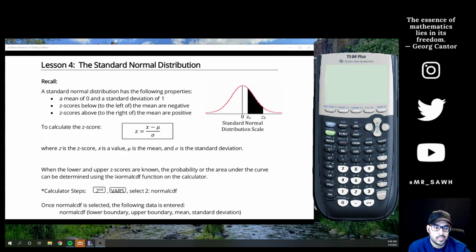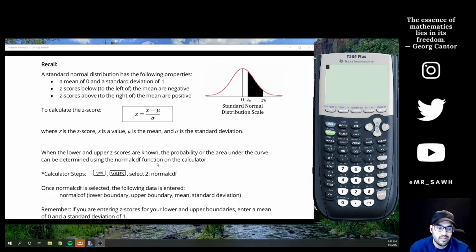Now, when those z-scores are known, both the upper and lower ones, the boundaries, the probability can be calculated using our normal CDF function on the calculator. Really, this stands for the normal cumulative distribution function. All it really does is give us the probability that data will lie in a certain boundary.